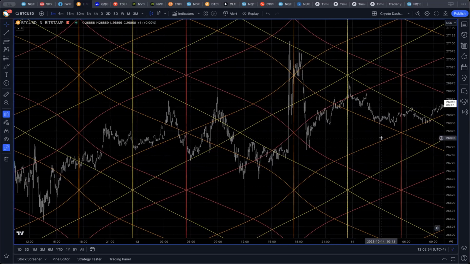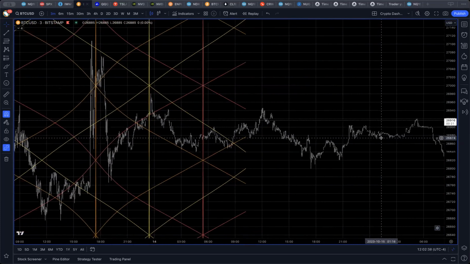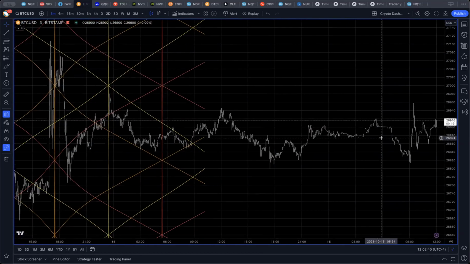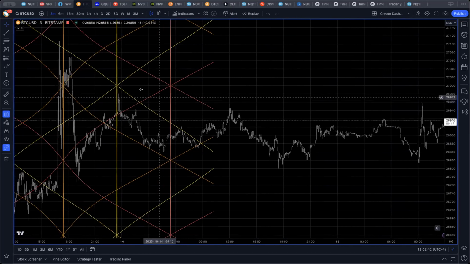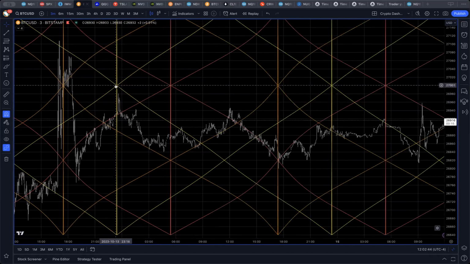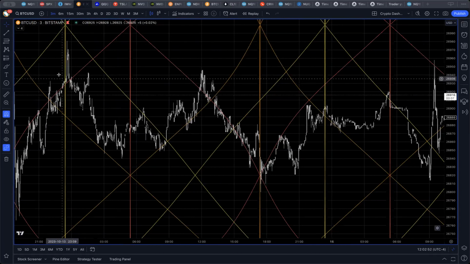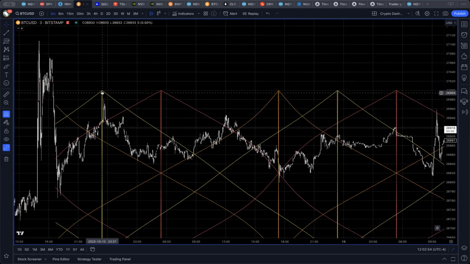If we do that, we can see that often a cross of 2 of the lines of similar color will result in equal price. So we can see here we've got 2 yellows crossing. Again, yellow is the ascendant.